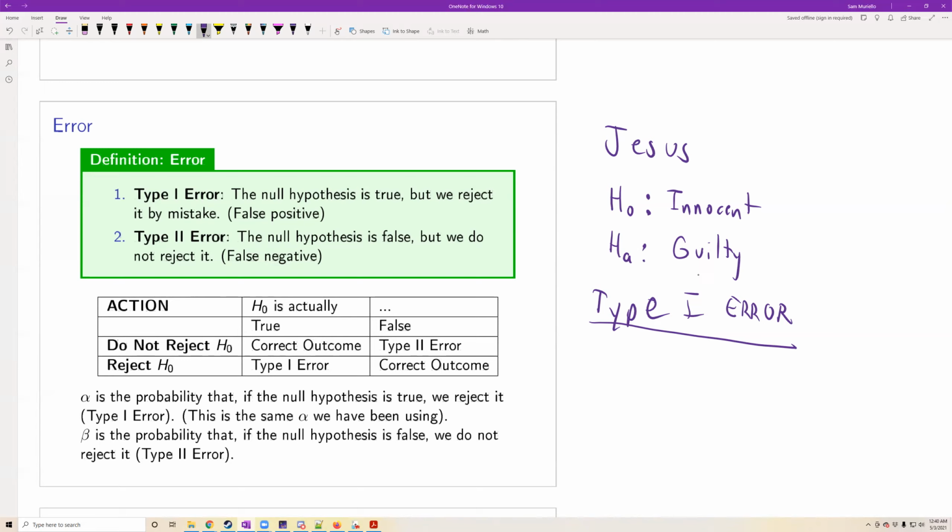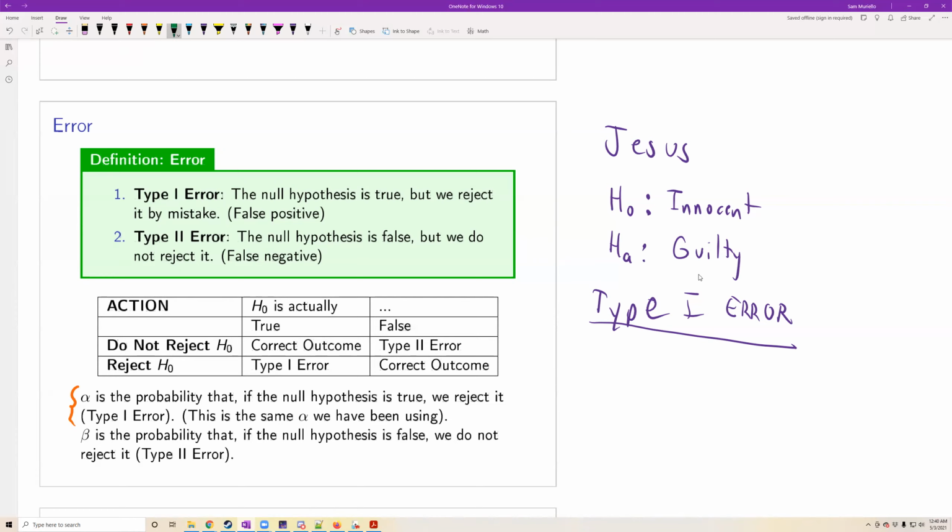We've got variables that we use to represent the different types of error. Alpha is the probability that we commit type 1 error. And it's the same alpha that we have previously. It's the part outside of that center region, the part that we shade. Alpha in this case means the same thing, it's just different words for the same idea. Beta is a new variable.